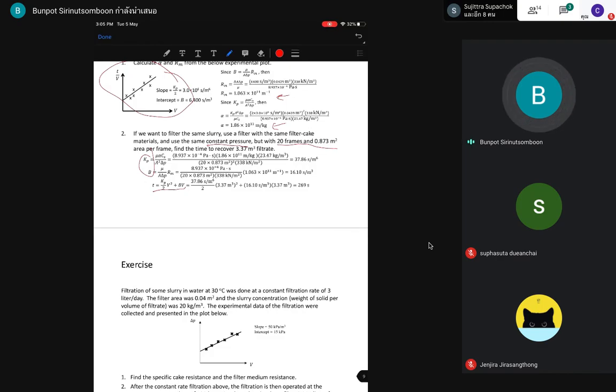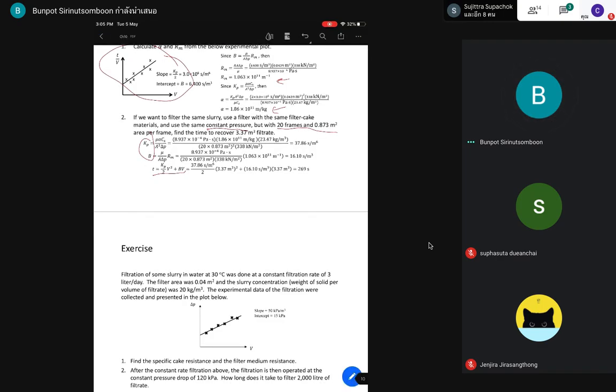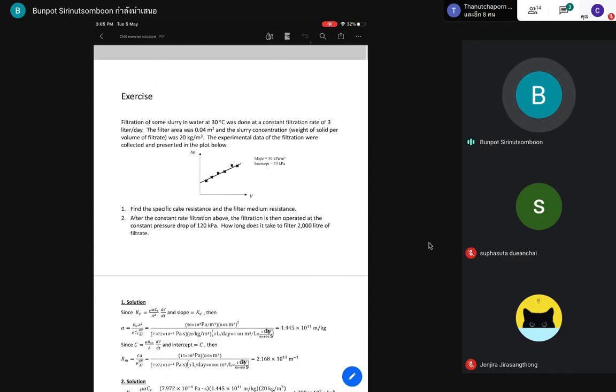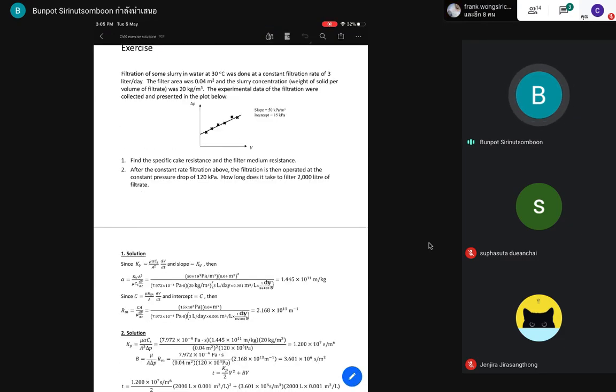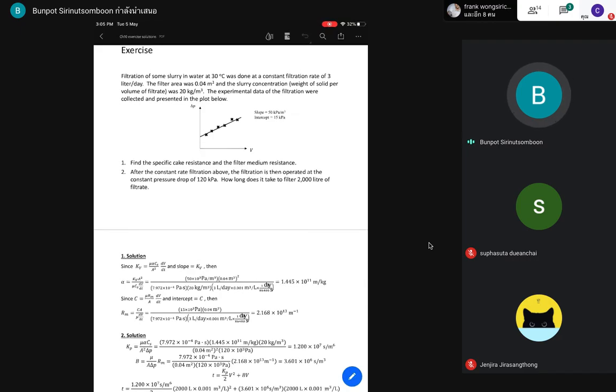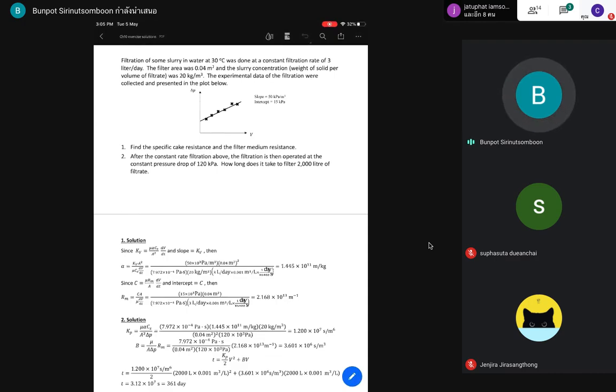And the exercise is pretty much the same. In the first problem, the filtration works at constant flow rate. But in the second problem, they switch mode from constant flow rate to constant pressure drop.